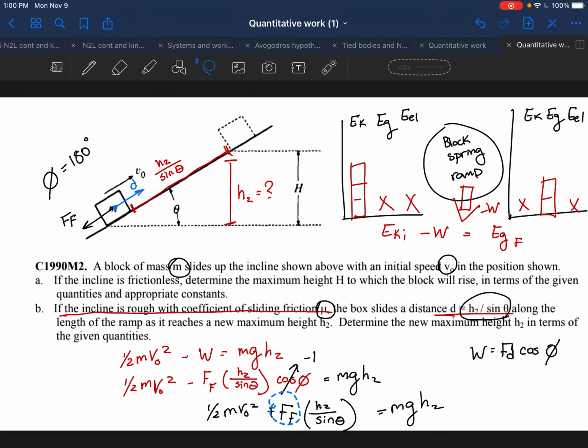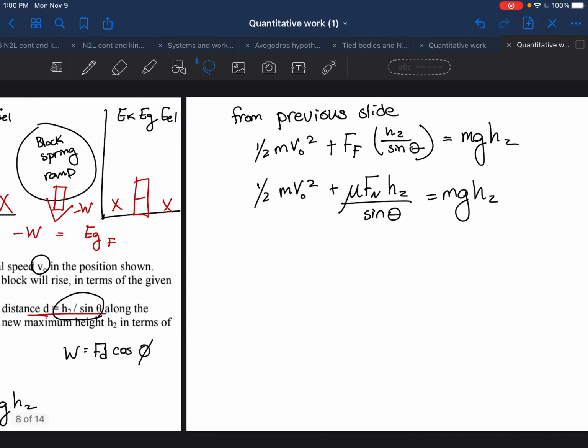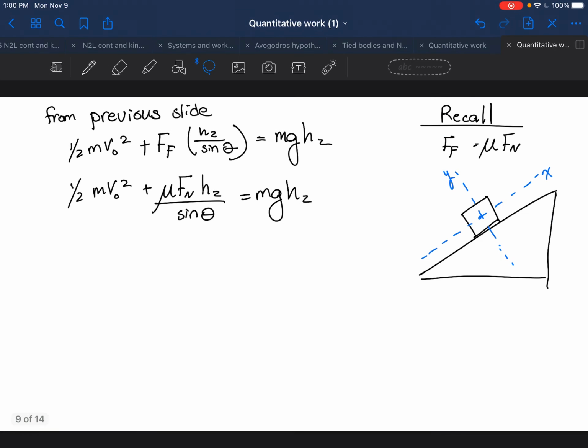So that means I want to get rid of it. Well, I want to get mu in here somehow, so we remember that the force of friction is mu times Fn. So I can make that substitution, and I get mu Fn here. Well, again, the problem is still that the normal force isn't a given quantity, so I'm going to get rid of the normal force. And the way I can do that is by drawing a free body diagram.